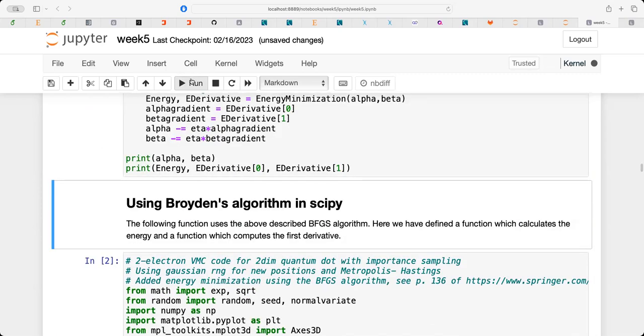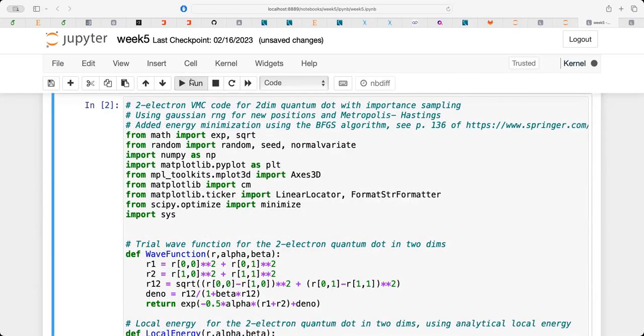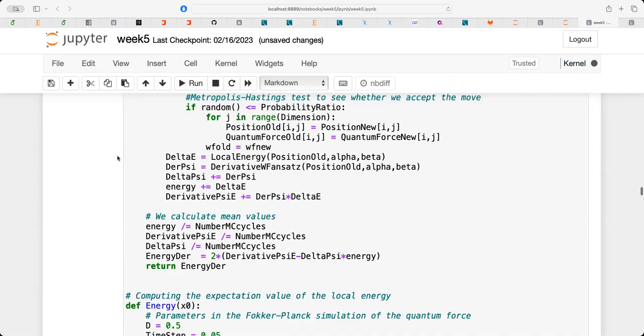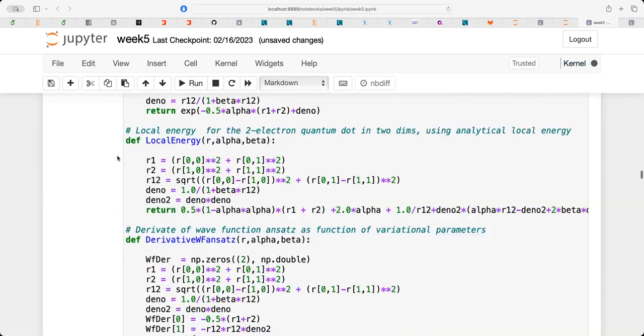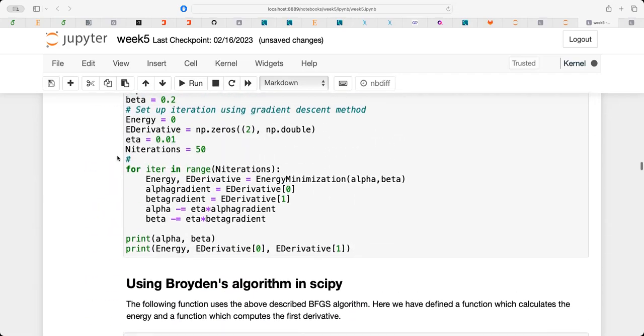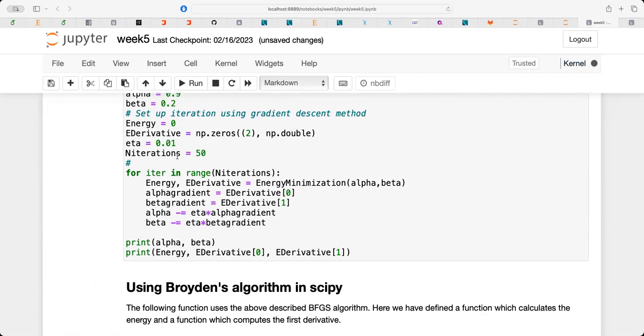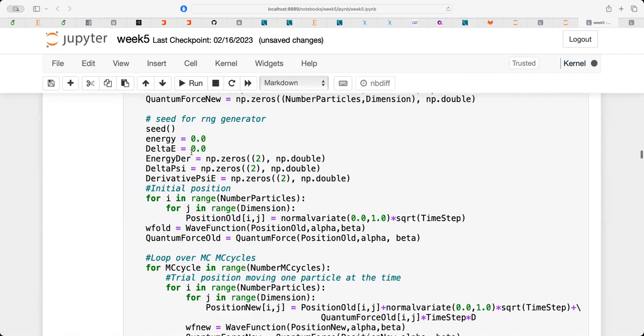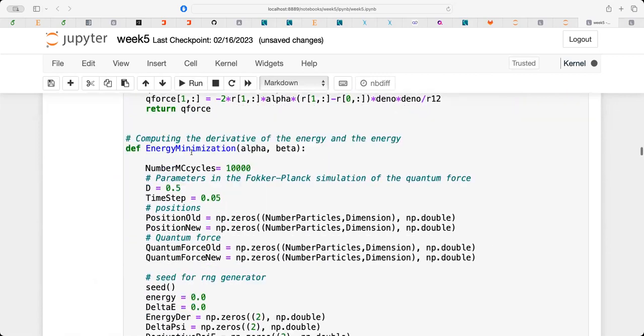So let's just run through it and see. This is going to take some time. So let's just do that one. And that should be running. So you will see that this is pretty slow, and it may not finish in time.